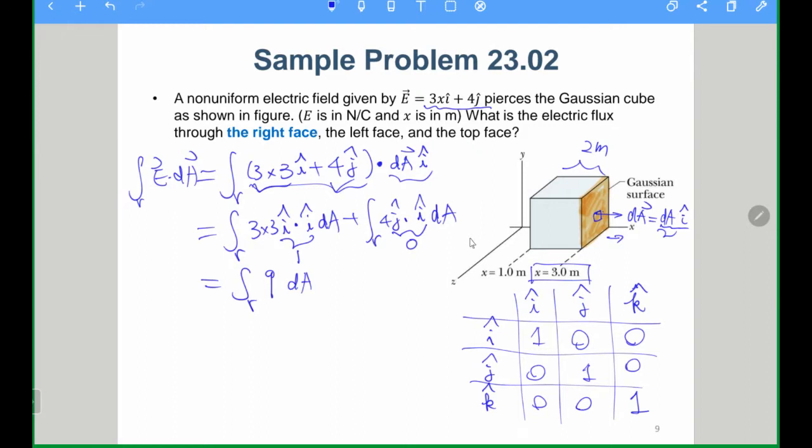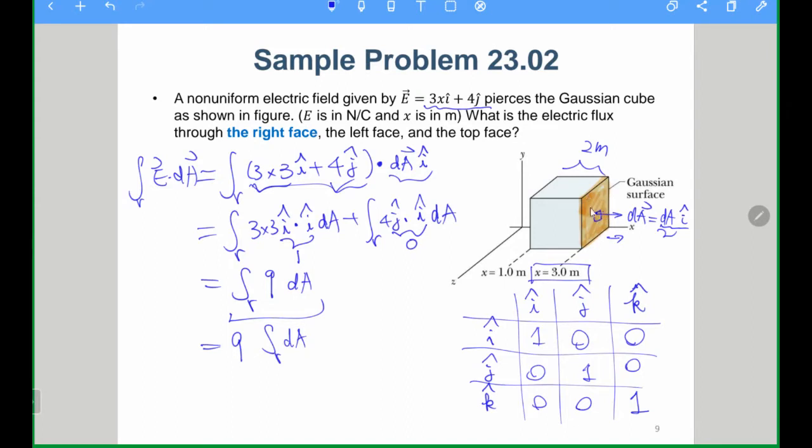Here we just integrate a constant over the whole surface, which means it is 9 times the surface integral of 1, so we only care about the area of this surface.